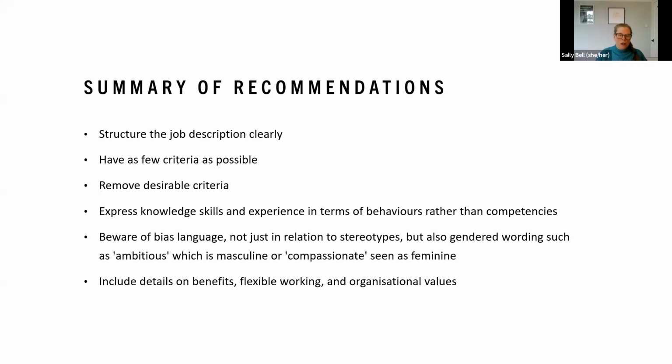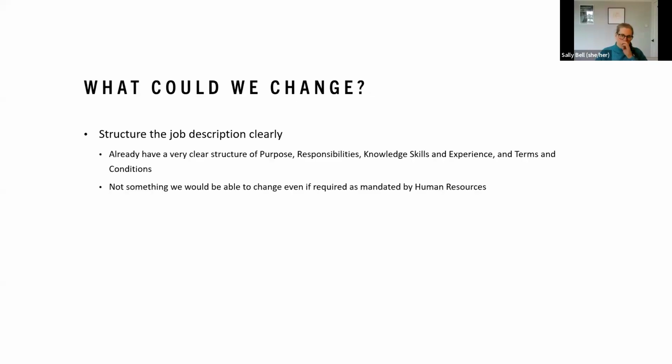So I took this summary of recommendations and I looked at a job description from a post that we recently advertised to consider how good a job had we done. How well had we recruited inclusively?